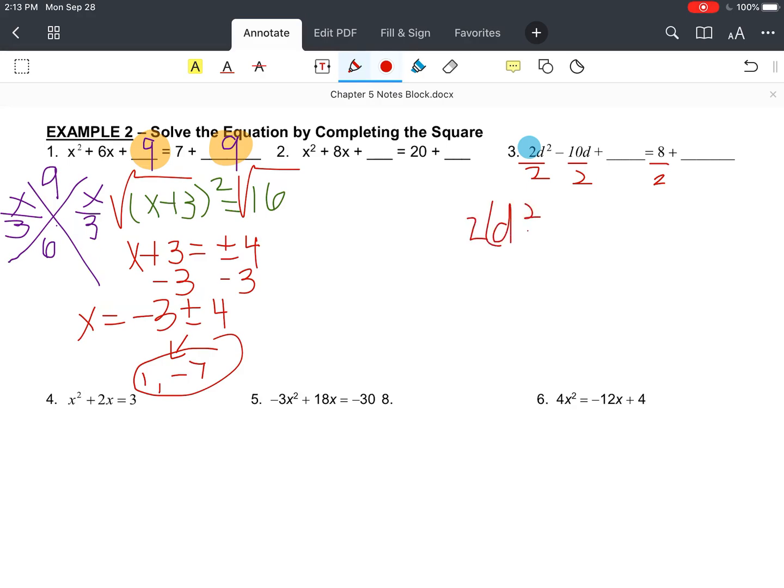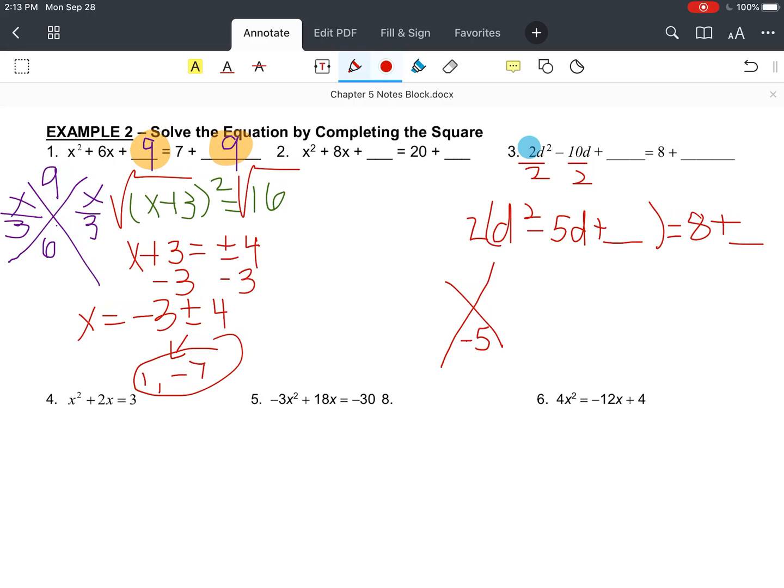Dividing everything by 2, I'm going to get d squared minus 5d, plus, we're still going to leave that blank, equals, oops, sorry, you didn't want to divide that by 2, equals 8 plus something. Now let's draw my x.